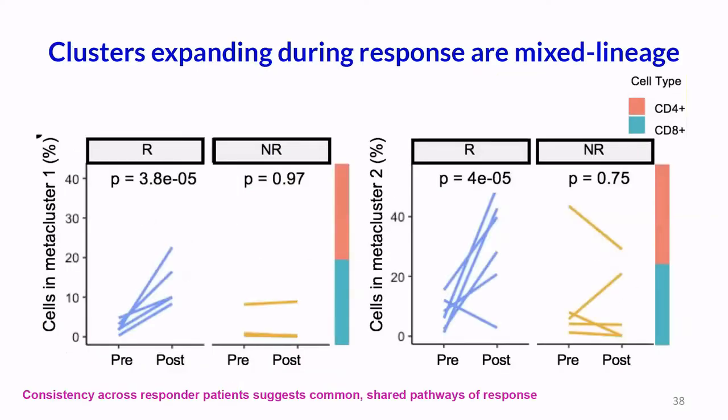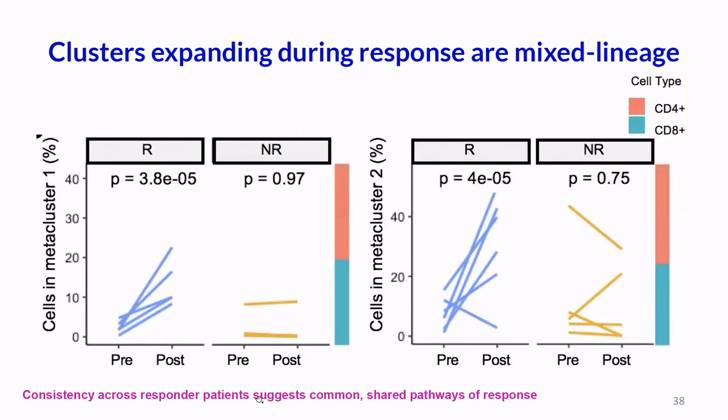We identified 2 main sets of clusters, T cell states that expanded in almost all of the responding patients, but did not show any significant change in non-responders. And again, this consistency shows that the responder patients should have common shared pathways of response.